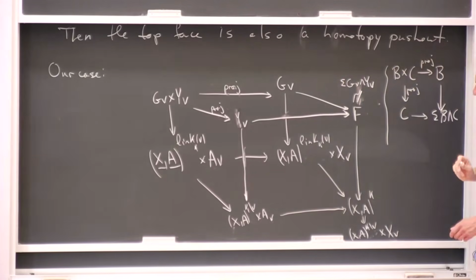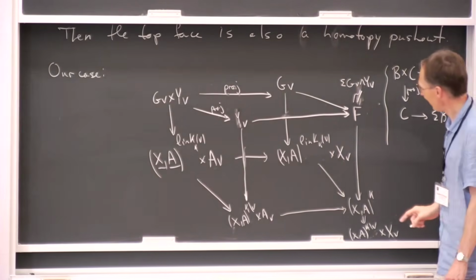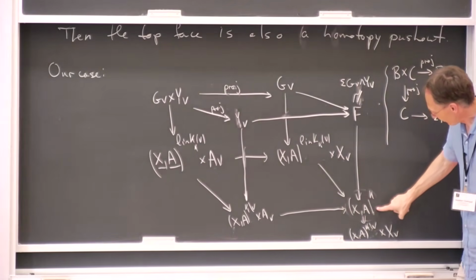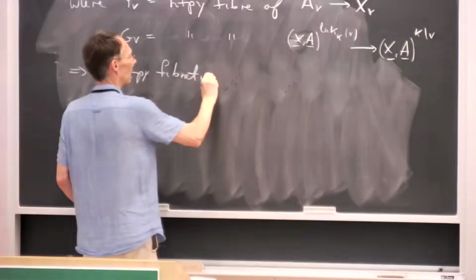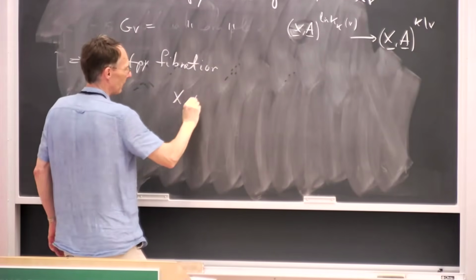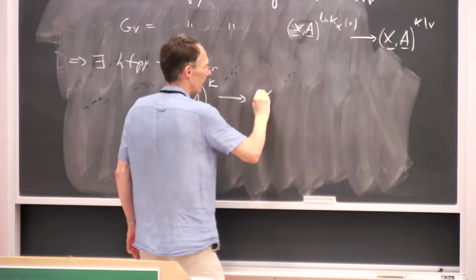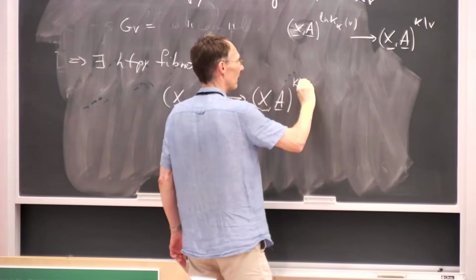All right, so stop and think about what we've done here. The important part was this fibration, where the space we care about is in the middle, and it maps down to kind of smaller spaces in some sense.